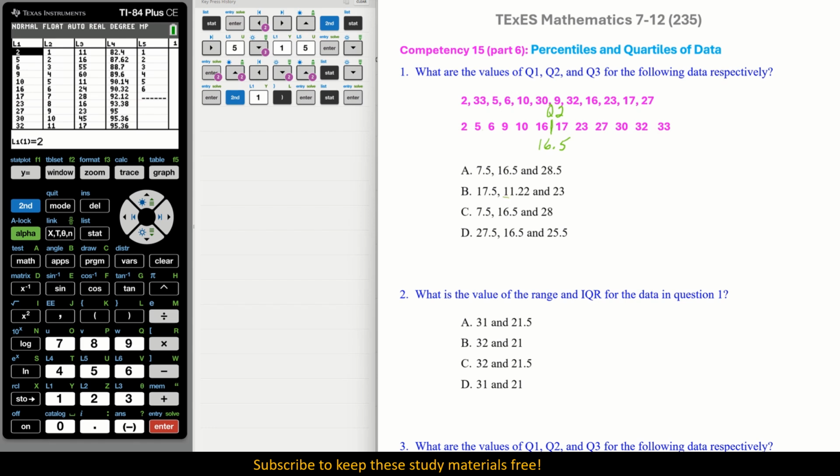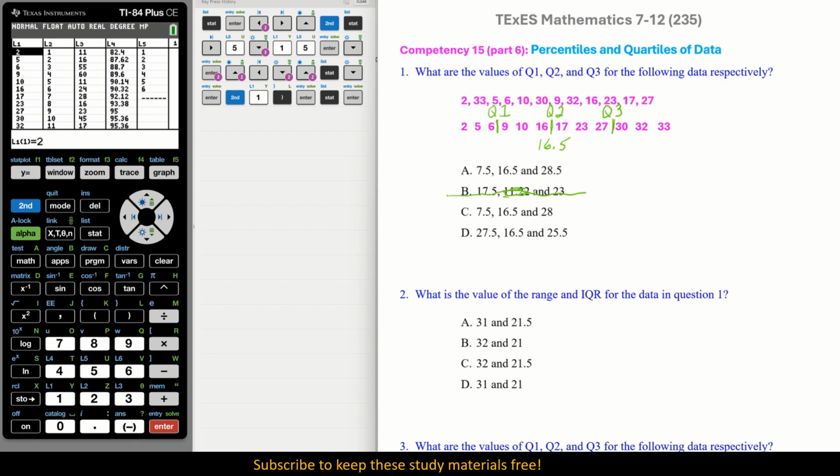I can already see that this is not 16.5, so I get rid of B. But A, C, and D are fine right now. On each side of our values, we have 6 numbers, so we need to go in the middle of each of those. Over here, this will be our Q1. Go to the other side, right in that center, and that will be our Q3.